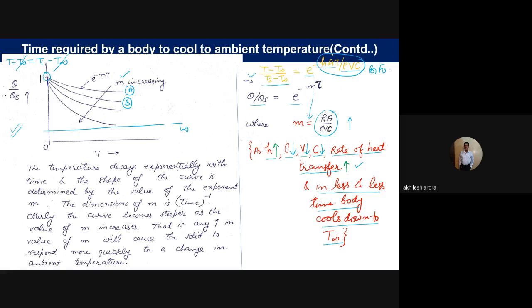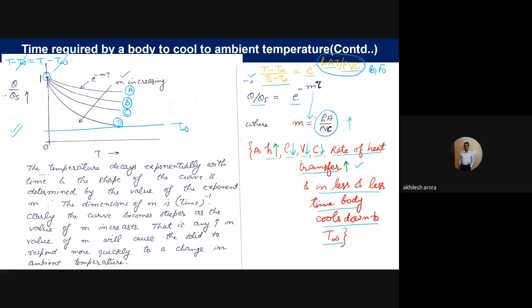If you increase the value of m more, the curve followed will be c. If you increase the value of m even more, then it will follow this particular path, which is represented here by path d. That is how in lesser and lesser time the drop in temperature of the solid will be more, or we can say for a particular time the drop in temperature will be more.